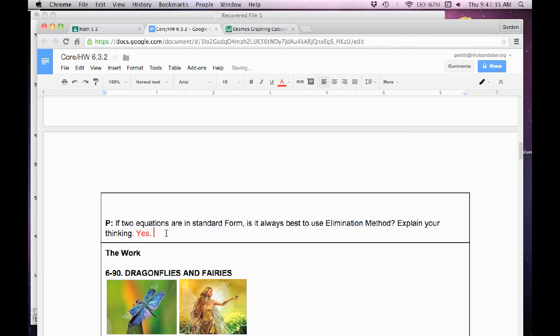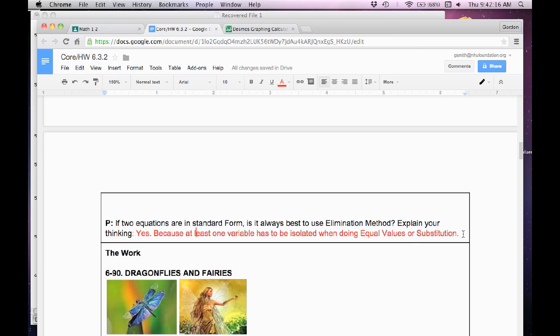So I will say yes, because at least one variable has to be isolated when doing equal values or substitution. And of course, what that means is standard is when the two variables are together.